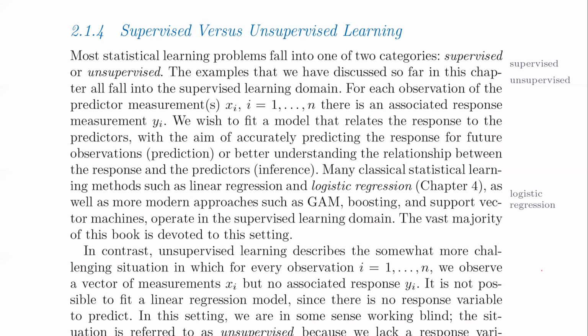And I think the book is repeating something that we went over yesterday as well. So we wish to fit a model that relates the response to the predictors, with the aim of accurately predicting the response for future observations, or better understanding the relationship between the response and the predictors.